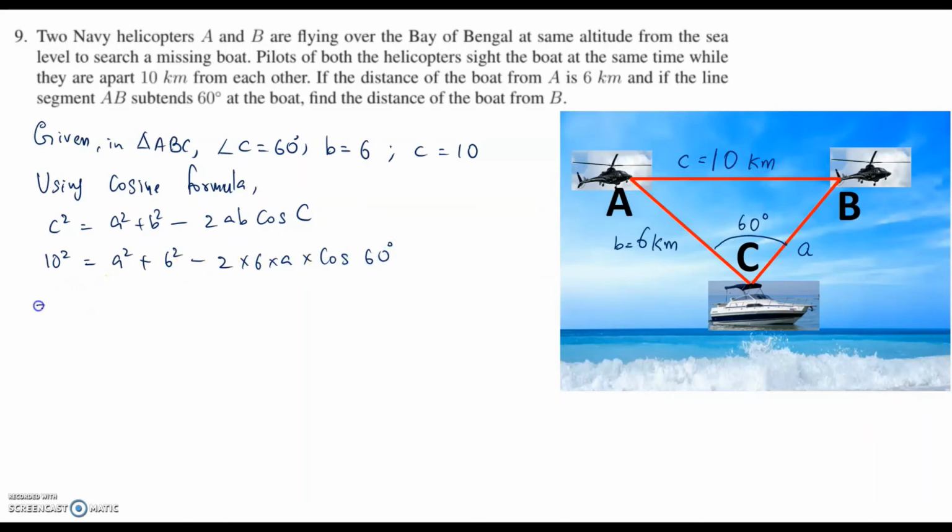Further solving this, 100 is equal to a squared plus 36, minus 12 a into 1 by 2.